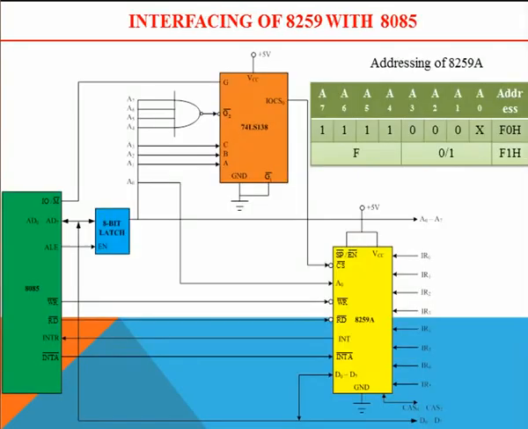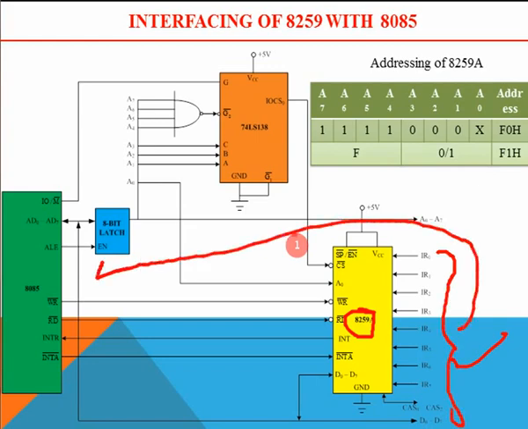Interfacing of a single 8259 with 8085 is shown in the figure. The first step is to send an active low pulse on the chip select pin of 8259 so that the 8259 can be activated to process the interrupt requests of IOs to 8085.